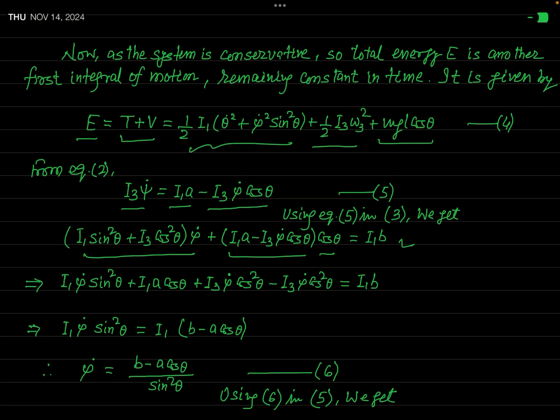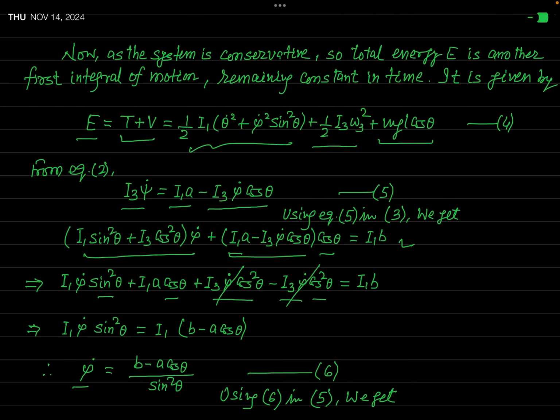Now, simplifying this equation, we will find the expression for phi dot. The algebra is very simple. The first term is I1 phi dot times sin square theta plus I1 a cos theta. Now, inside the first bracket, the second term is I3 phi dot cos square theta, and the other term is minus I3 phi dot cos square theta.